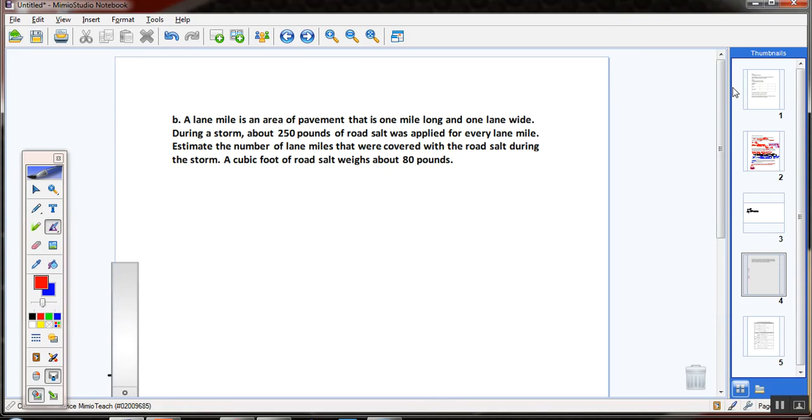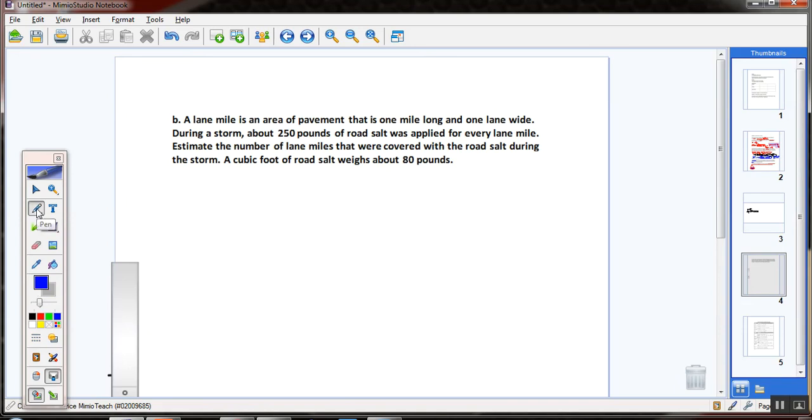It says a lane mile is an area of pavement that is 1 mile long and one lane wide. During a storm, it takes about 250 pounds of road salt applied for every lane mile. So here's the deal.